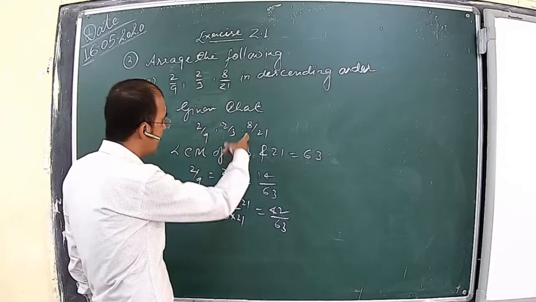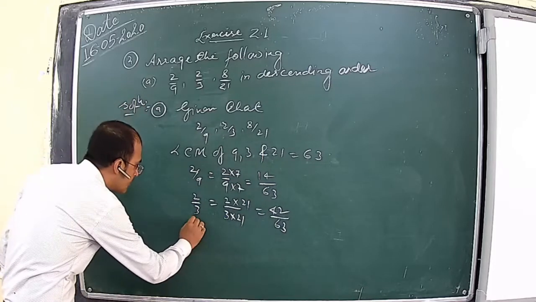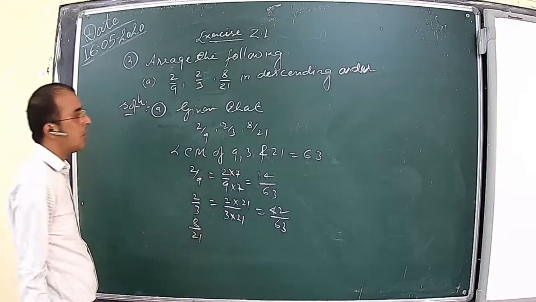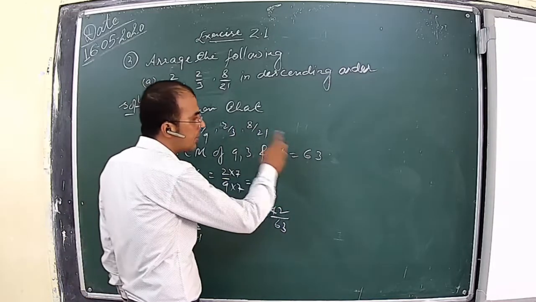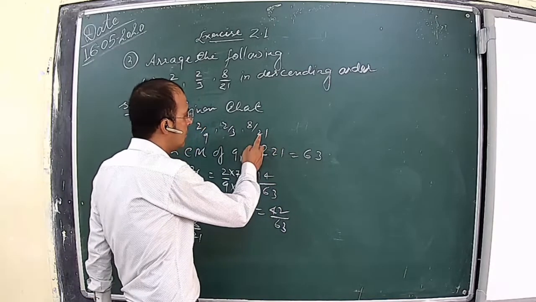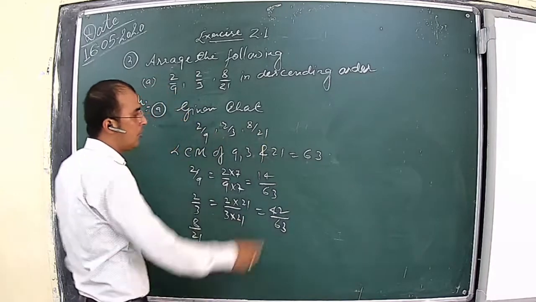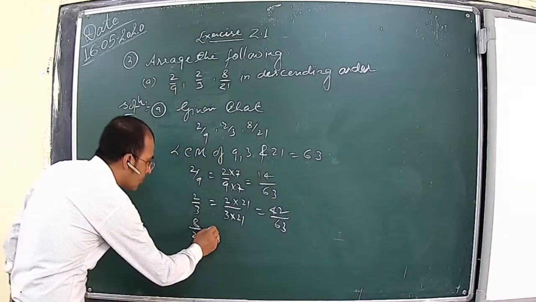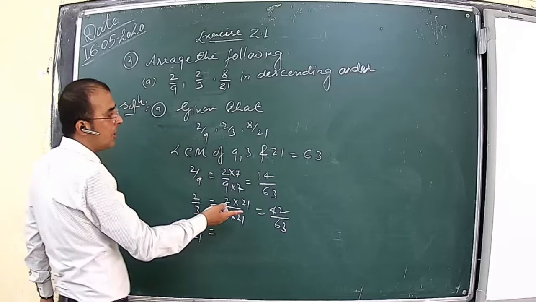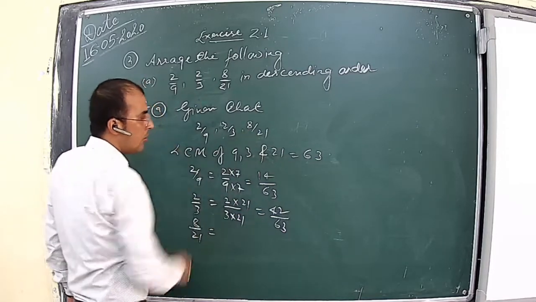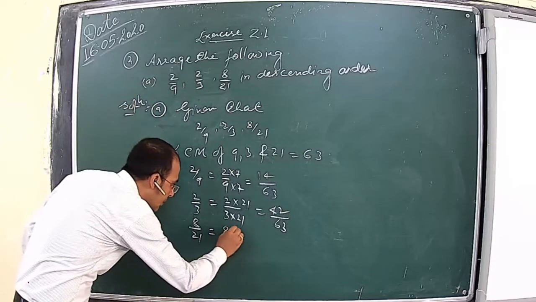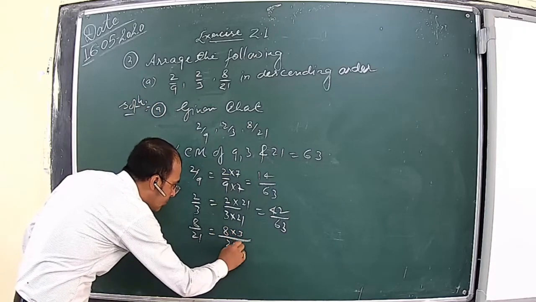Now, the third number is here, 8 by 21. In 21, by which number should you multiply so that its value equals 63? If you multiply by 3, its value will be equal to 63. So in the denominator, if you multiply by 3, then you multiply by 3 in the numerator. So 8 multiplied by 3 divided by 21 multiplied by 3.